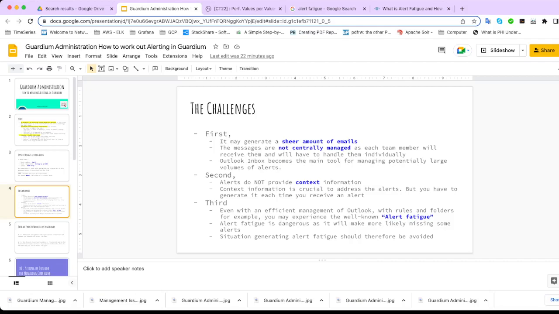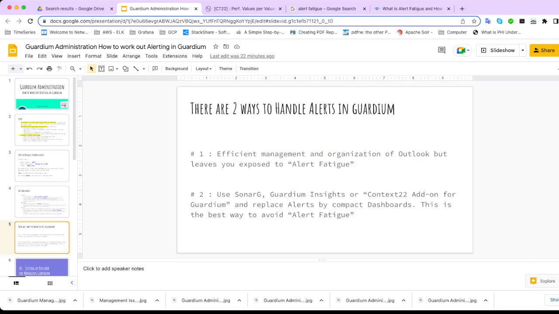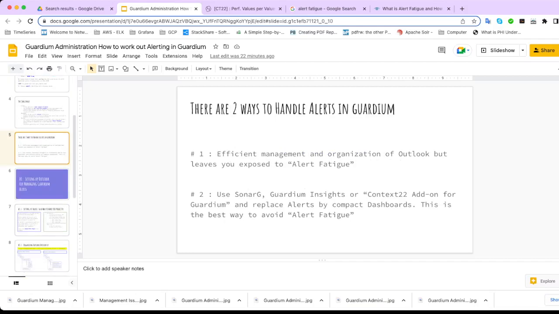Okay. So now there are two ways to handle alerts in Guardium, right? The first one is what I used many years back, upon request of the Guardium team lead of a very large financial institution. To be frank, I was a bit skeptical, right?